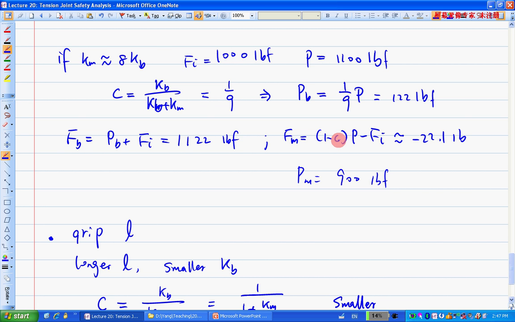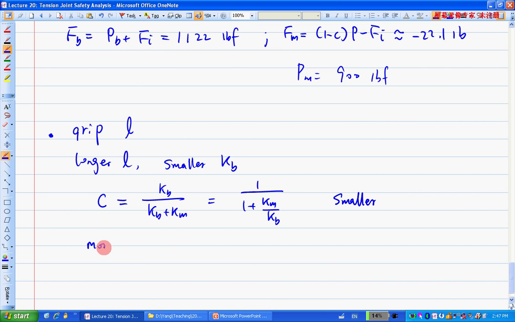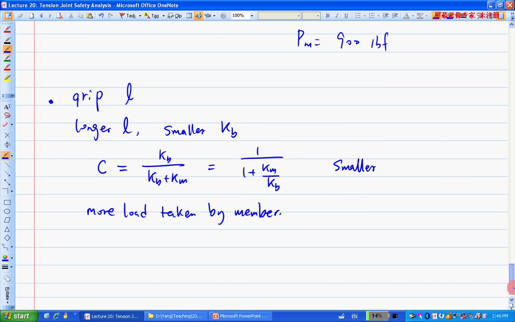It's (1 minus C) multiplied by capital P. So a smaller C value means more load is taken by the member. There are some intuitive things here that you can manipulate.